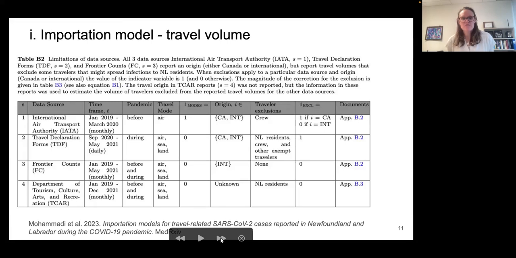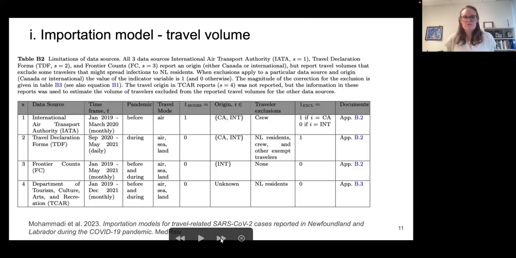We had the travel declaration forms from Newfoundland and Labrador. These were only occurring during the pandemic, and you were excluded from having to fill these out if you were a resident of Newfoundland and Labrador, if you were crew on the arriving vehicle, and there were also some other exempt travelers. There's frontier count data. This is when you enter Canada from an international port, you're required to complete a declaration form. So this frontier count data only considers people from international origins.